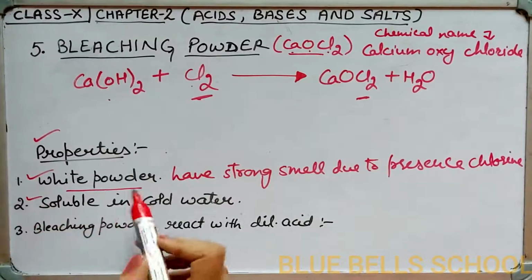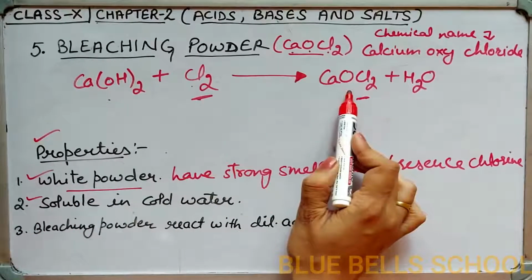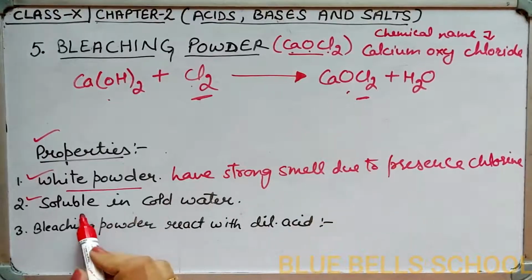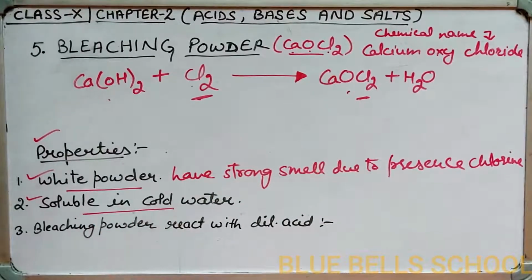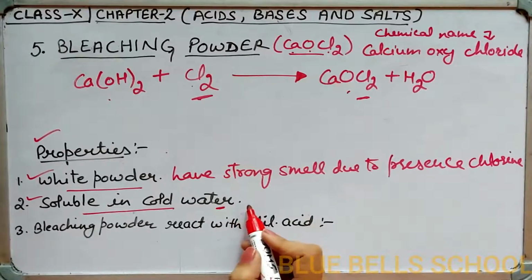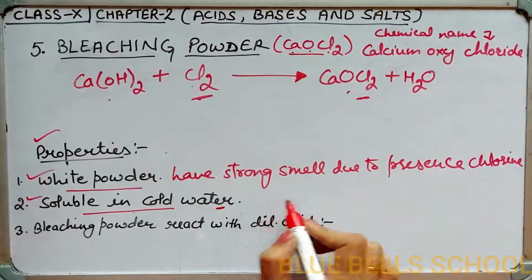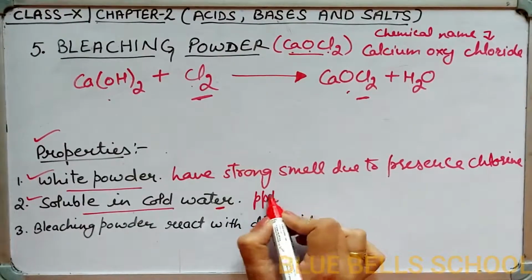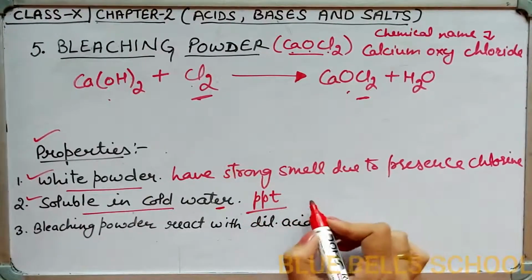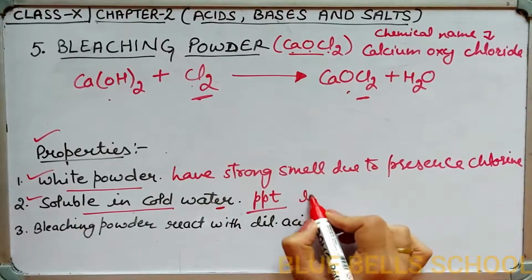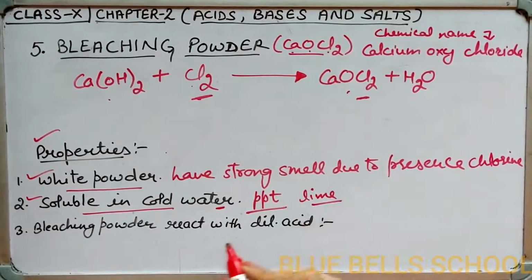Second property, bleaching powder is easily soluble in cold water. Sometimes some minor precipitate may be left there due to the presence of lime in it.